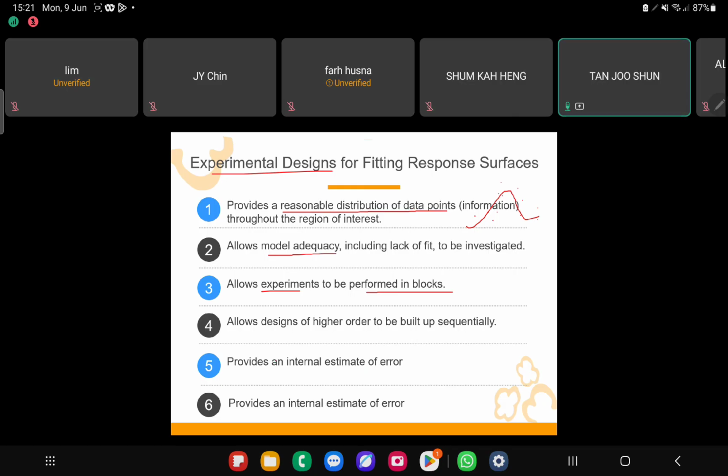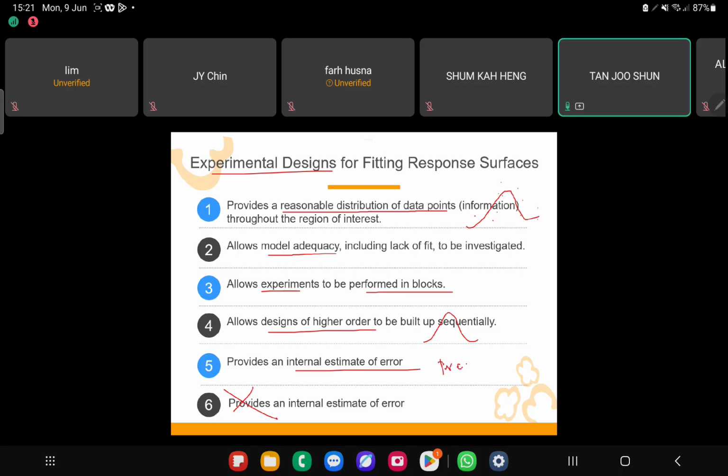The design also allows higher order, which is the quadratic model. It can provide an internal estimate of error, which is the pure error.